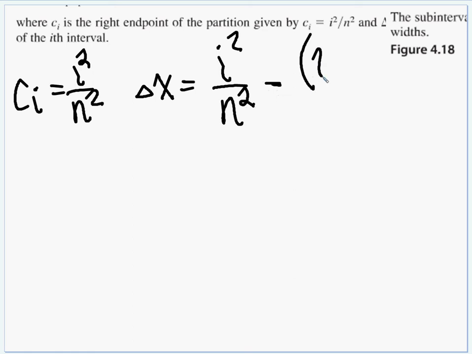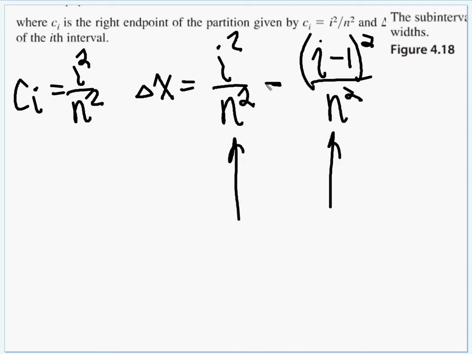That's going to be quantity i minus 1 squared over n squared. There it is. So this would be the right endpoint. This would be the left endpoint of any of our rectangles, and we're subtracting them. It is a very complicated way to find the base, the delta x, of any of our rectangles.